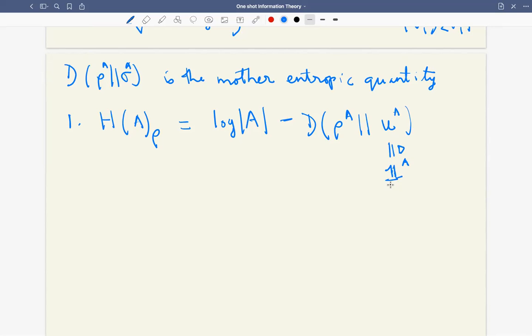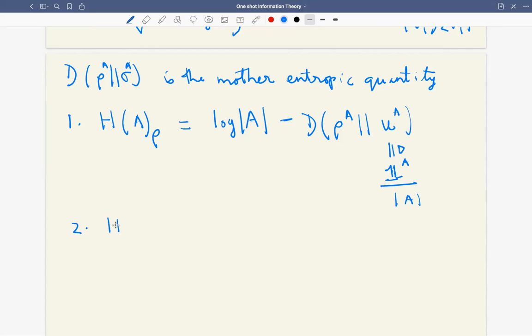It is a uniform probability distribution. In terms of our matrix notation, it is the identity matrix divided by the dimension. So exactly like classical, you can substitute the formula and this is what will come out. You can do it at home as an exercise, but right now we'll derive something a little more non-trivial.